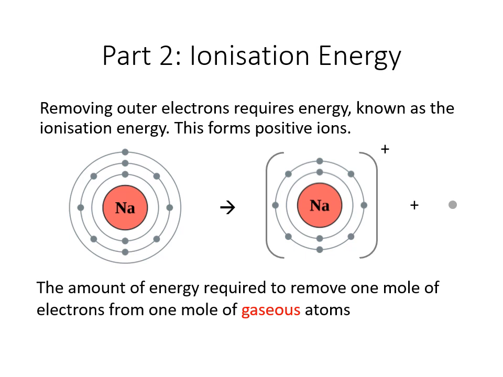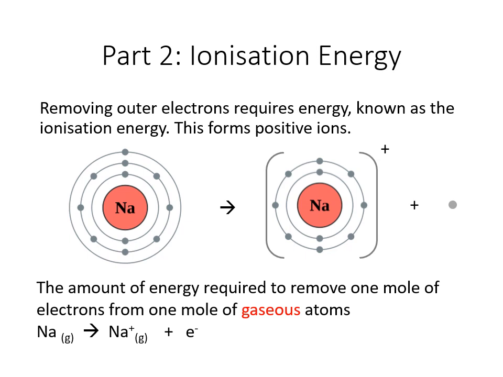That definition is important, and let's highlight a couple of things. First off, we're talking about removing 1 mole of electrons, and we're removing those electrons from 1 mole of gaseous atoms, and they will form a gaseous ion. And we can write that in an equation like so.